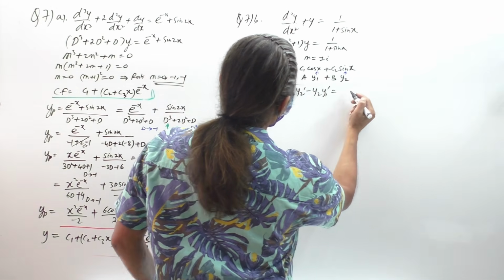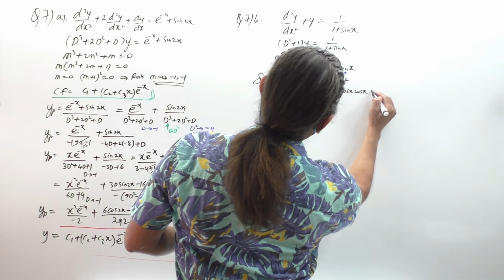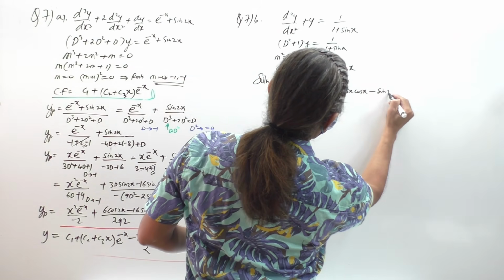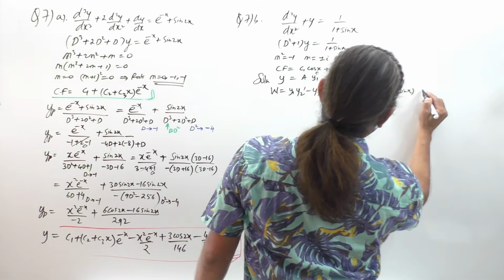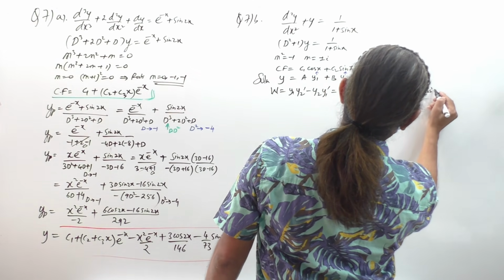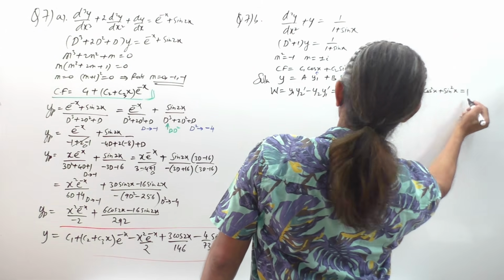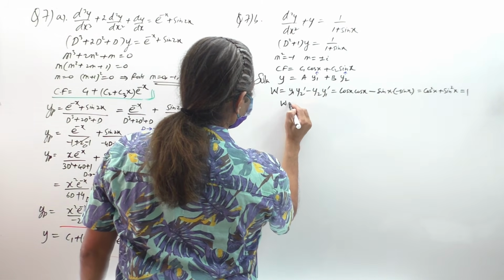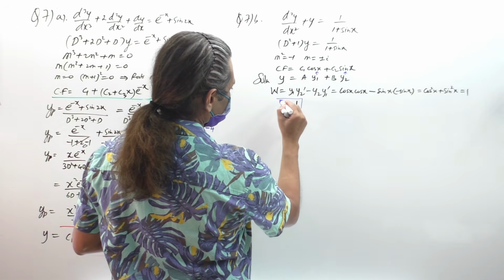What is y1? Cos x into again cos x, differential of sin is cos x, minus sin x into differential of cos x, which is minus sin x. So that is cos square x plus sin square x, that is equal to 1. So we have W is equal to 1. Underline it. Okay, you get marks here.